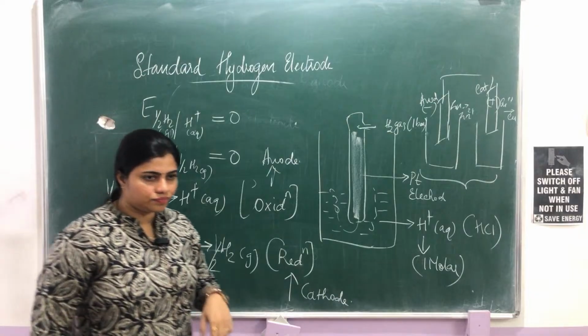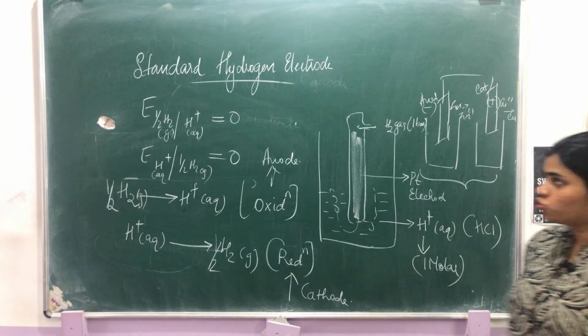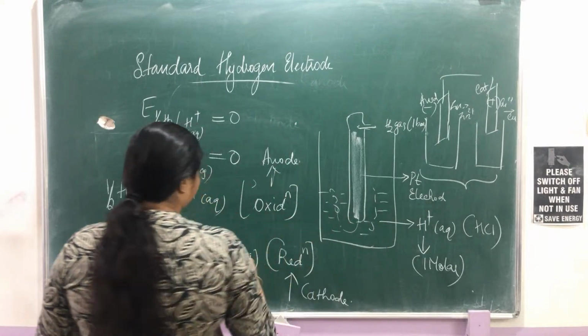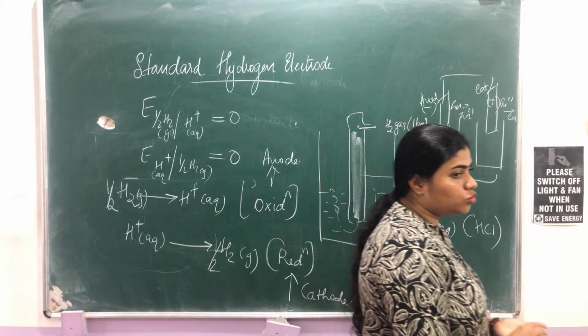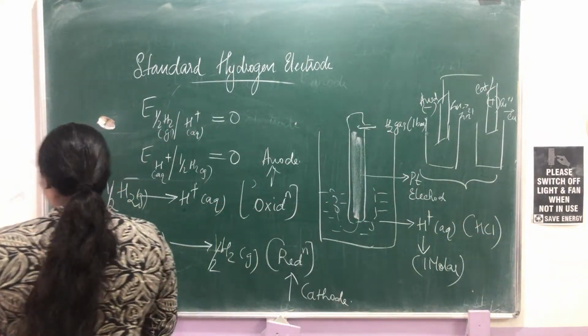Write down the next line: the electrode potential both at cathode and anode will be equal to zero at all temperatures.